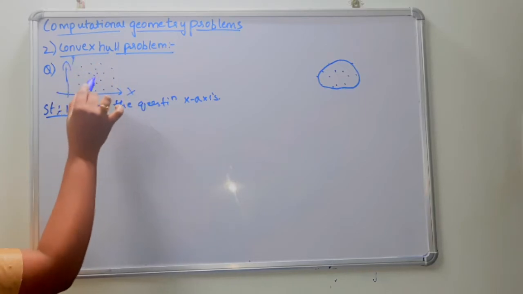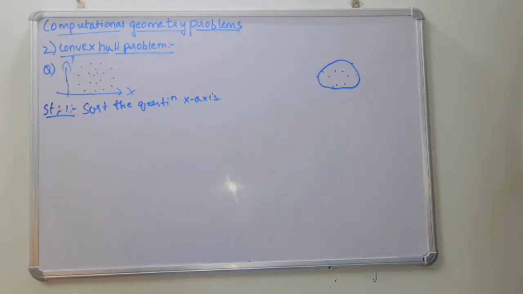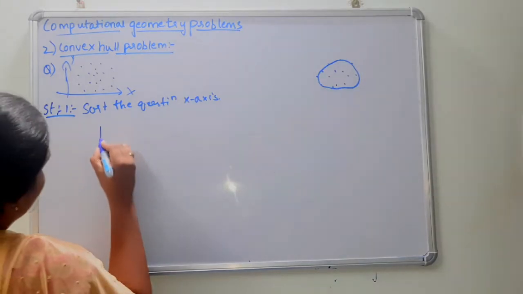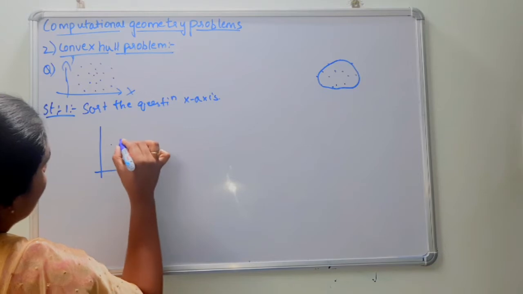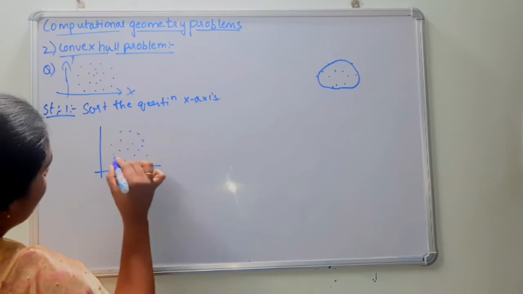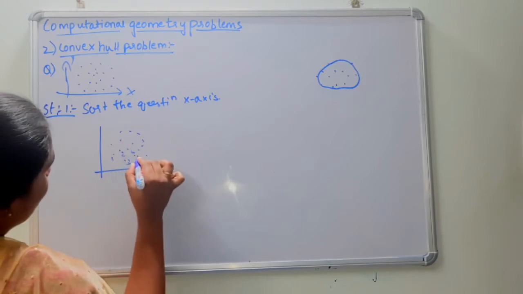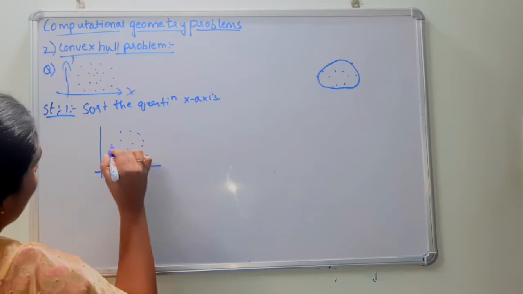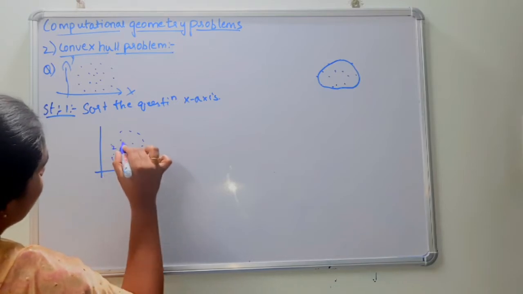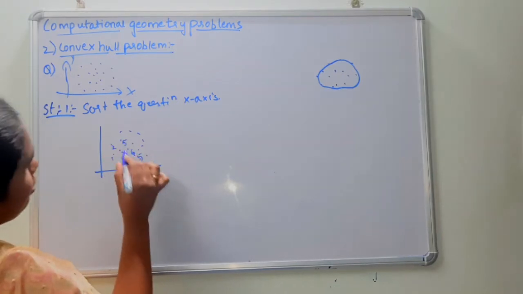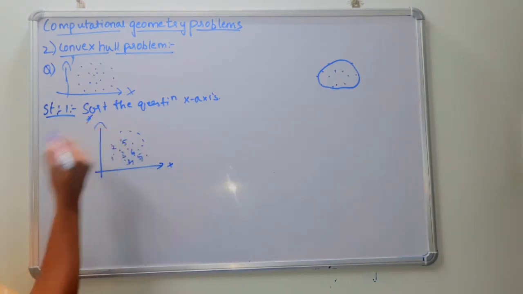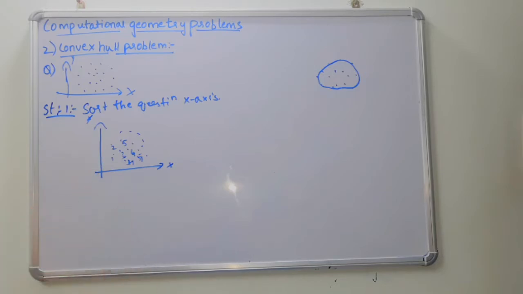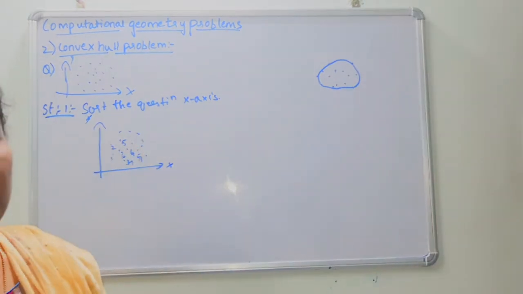On the x-axis we mention the numbers as 1, 2, 3, 4, 5, 6, 7 and so on. We sort the given points according to the x-axis.